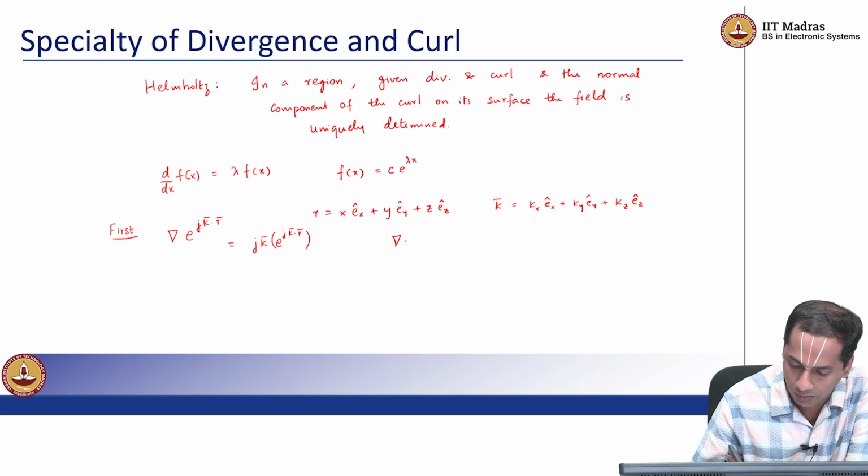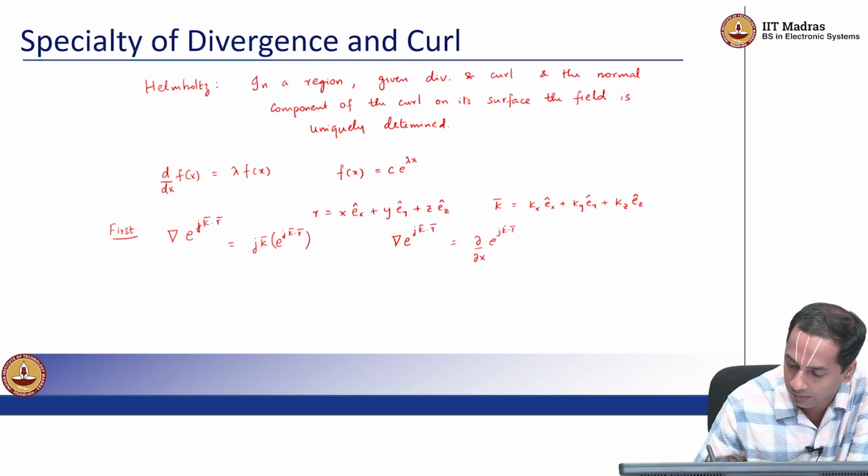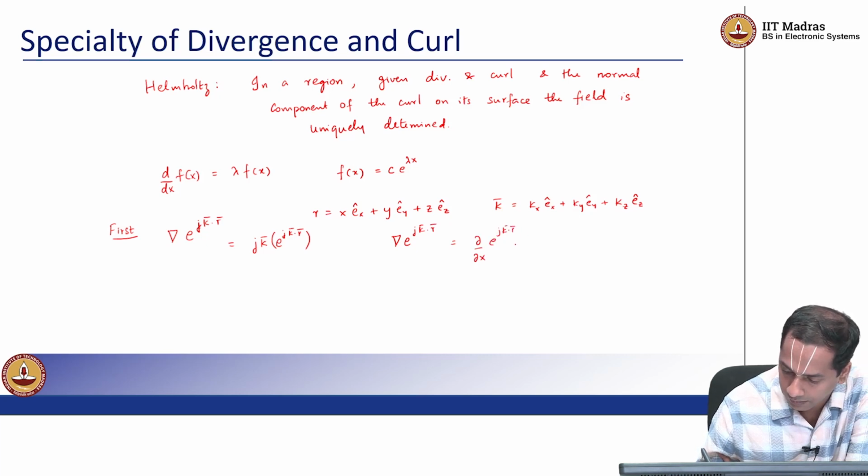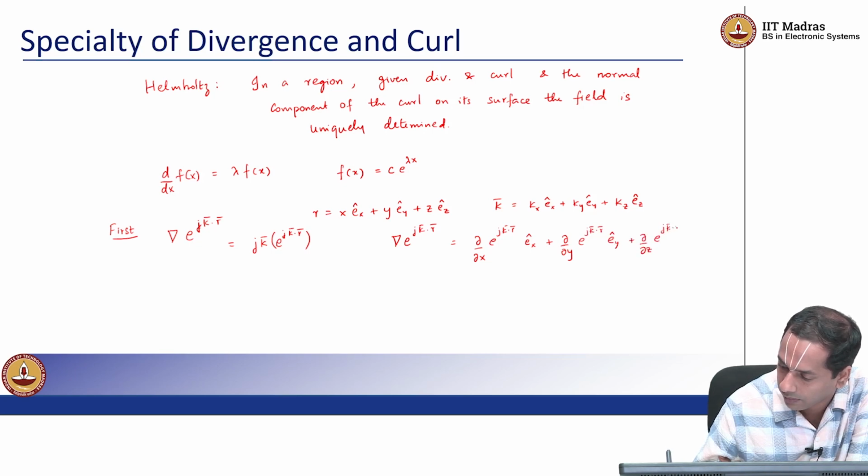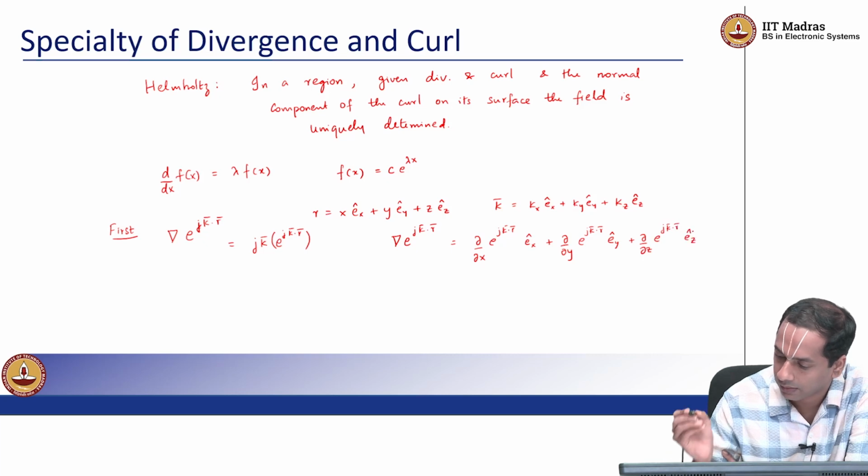So if we do del of e to the j k dot r, this is just dou by dou x of e to the j k dot r ex plus dou by dou y e to the j k dot r ey plus dou by dou z e to the j k dot r ez, right.